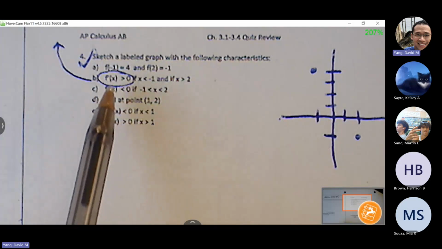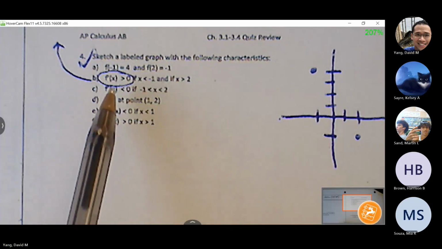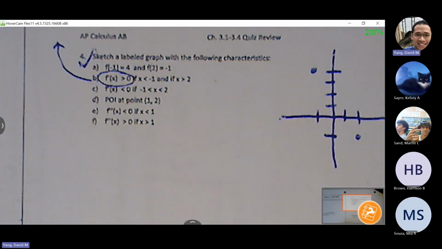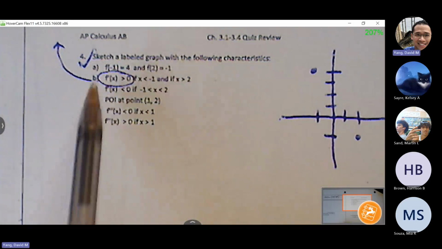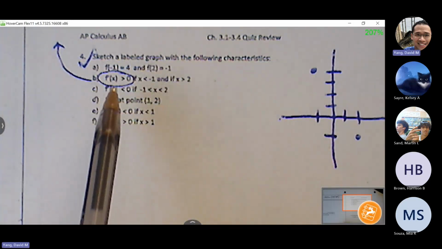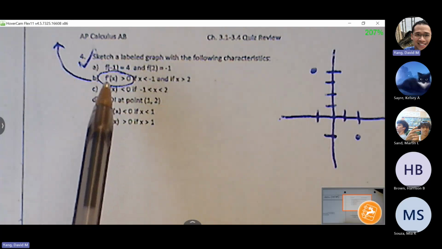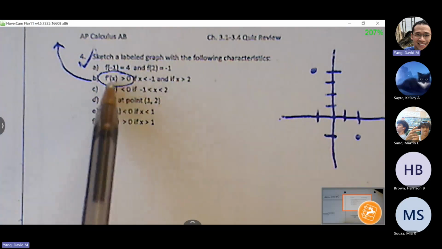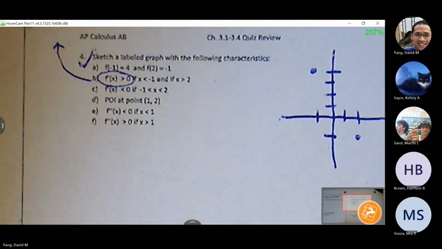It says f prime. What's f prime talking about? Slope. F prime is slope. Derivative, f prime. If those words feel very abstract, but if we can say the word slope, it makes it more concrete, right? Slope greater than 0, that means what?